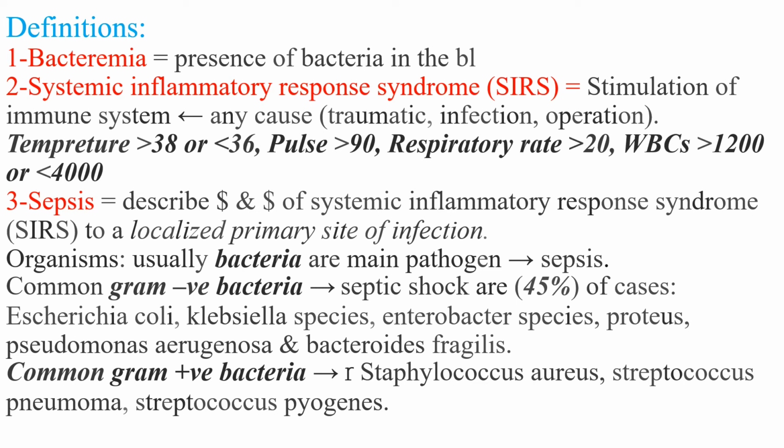So, temperature above 38 or below 36, pulse above 90 per minute, respiratory rate above 20 per minute, WBC count above 12,000 or less than 4,000.